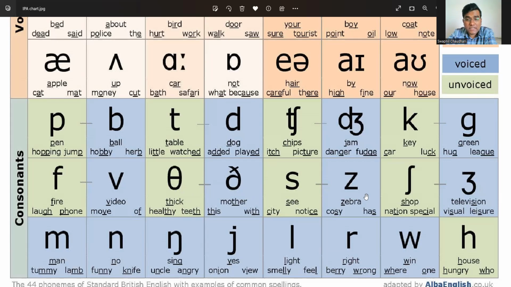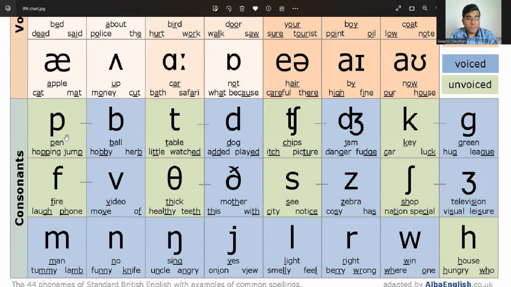Then we have the z sound represented by the z sign, as in zebra, cause, has. Then we have the sh sound represented by this symbol, which looks like an S sign stretched vertically. And then we have the zh sound, as in television, visual, leisure. The zh sound is shown by this kind of numeric 3 sign.